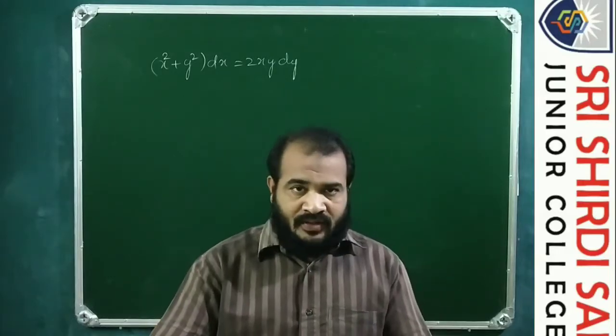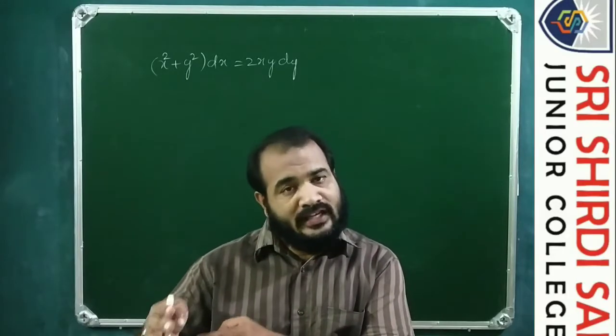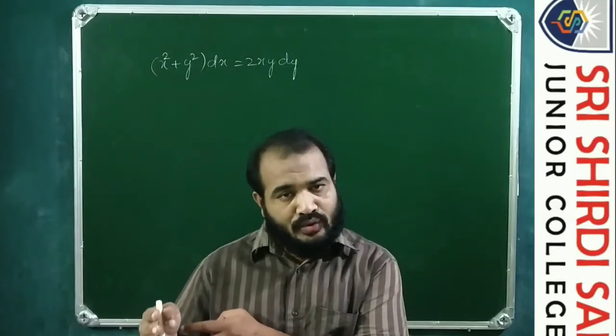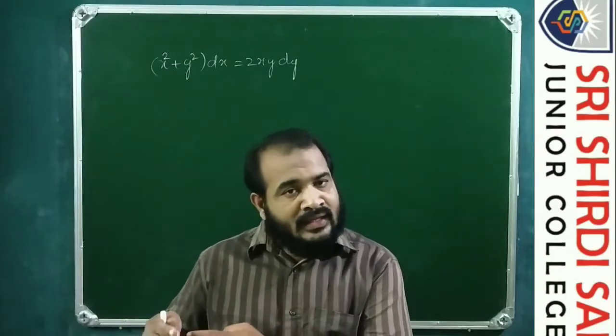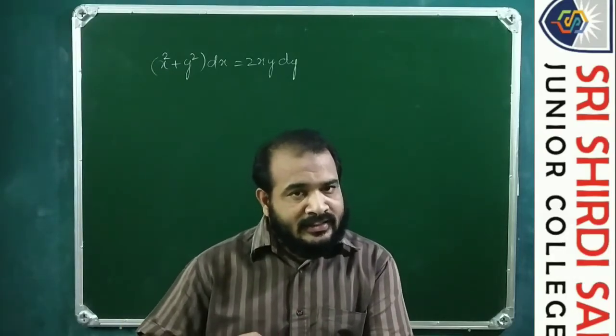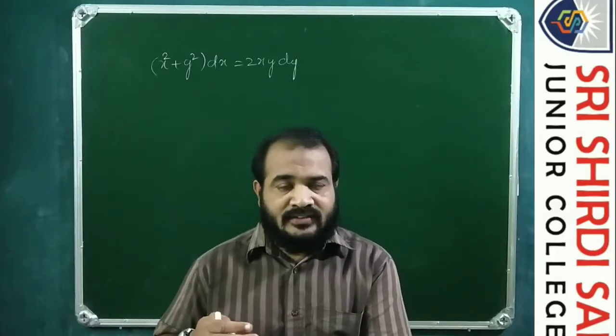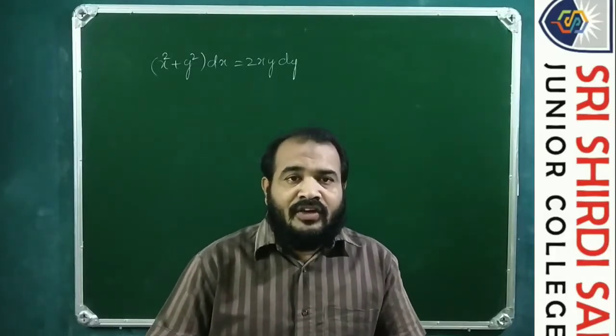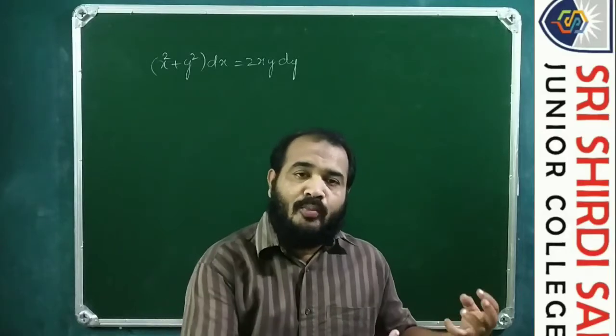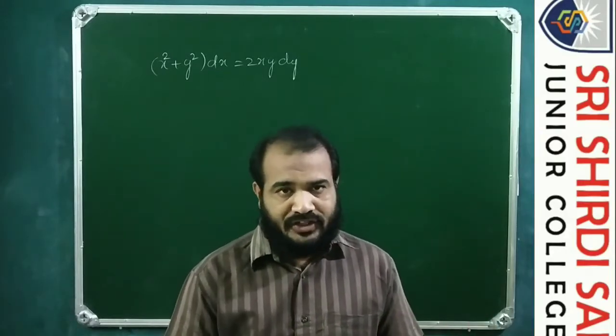If not, if we are unable to express it in the variable separable form, the next thing that should strike our mind is whether we can go through the process of a homogeneous differential equation.